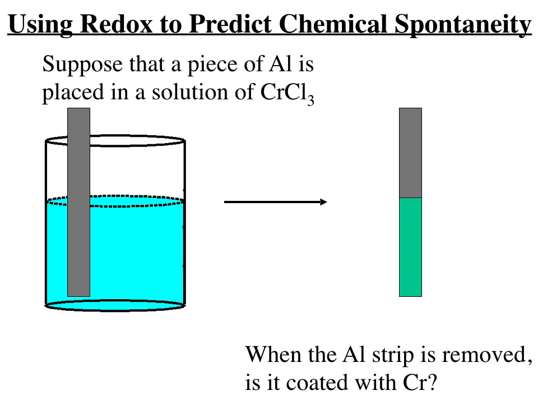So if I leave the strip of aluminum down in this solution long enough, when I pull it out, does it appear chemically altered? And if it does appear chemically altered, that would imply that chromium has been electroplated onto the surface of the aluminum.